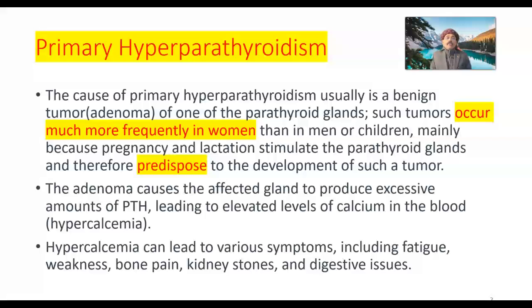Such tumors occur much more frequently in women than in men and children. Why? Because pregnancy and lactation stimulate the parathyroid glands and therefore predispose to the development of such a tumor. Adenoma causes the affected gland to produce excessive amount of parathyroid hormone.